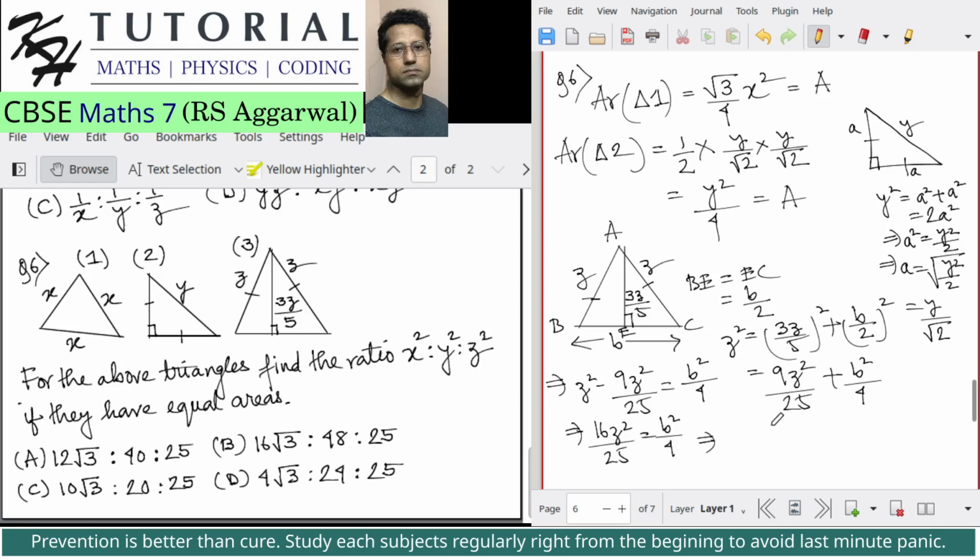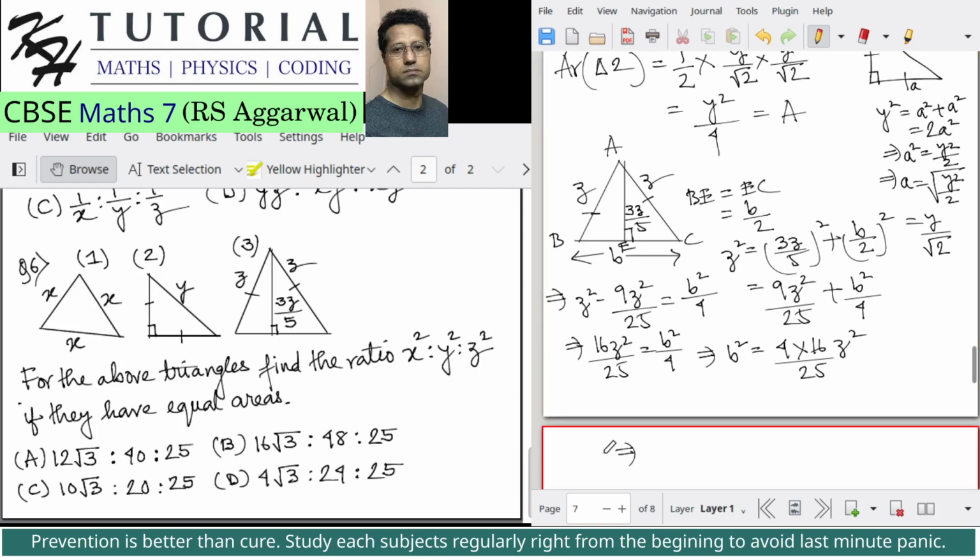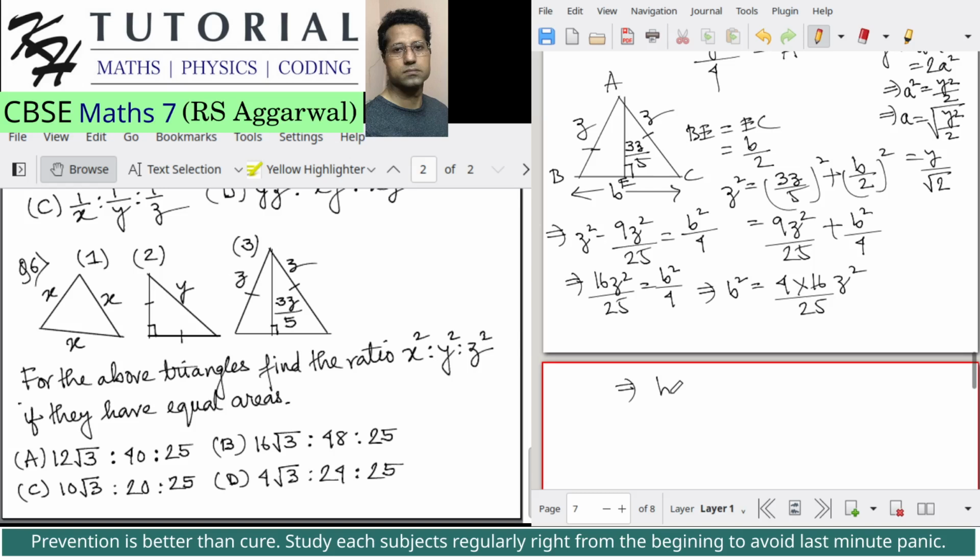So b square is equal to 4 multiplied by 16 divided by 25 z square. So what will be b? b will be equal to square root of 4 multiplied by 16 divided by 25 multiplied by z square. This will be equal to 2 multiplied by 4 divided by 5 z, which is 8 by 5 z.